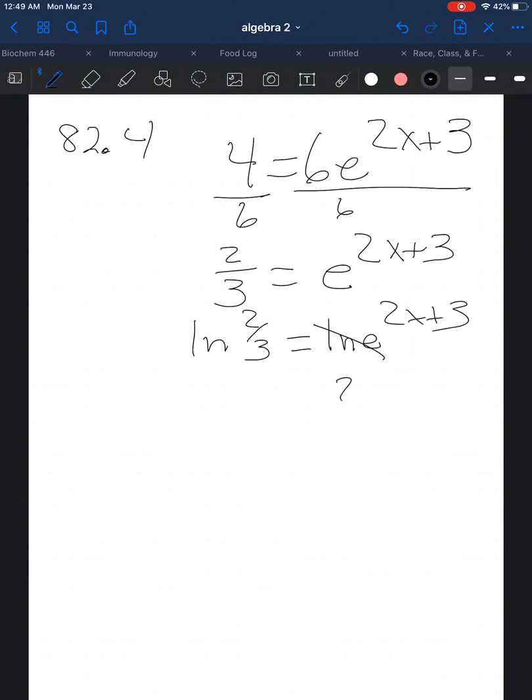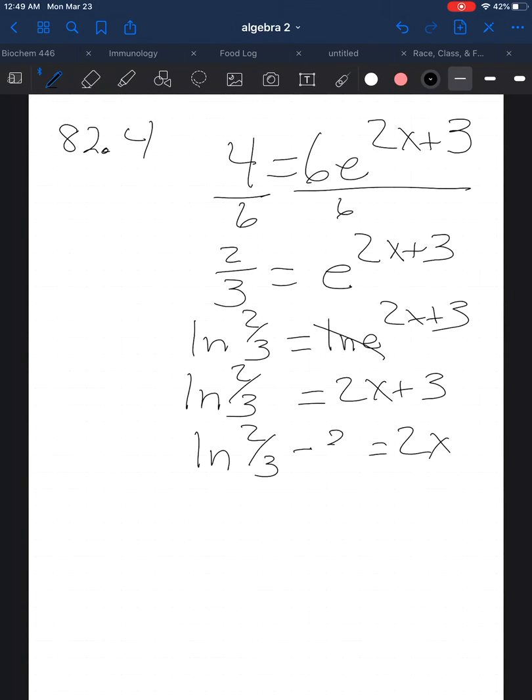That cancels. So then we would have 2x plus 3 equals ln of 2/3. Subtract 3 from both sides, so 2x will be equal to ln of 2/3 minus 3, and then just divide that by 2.